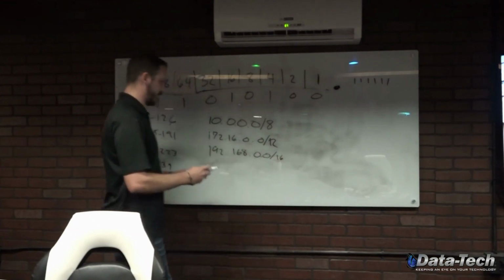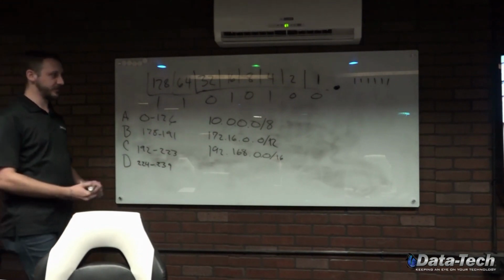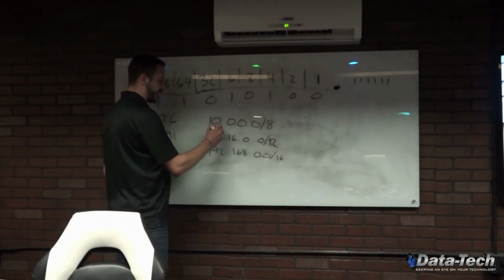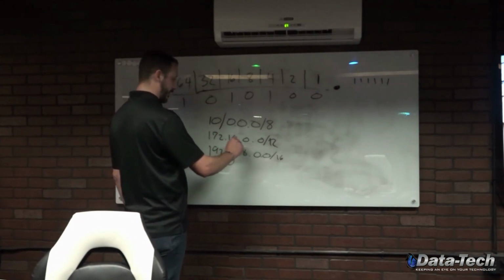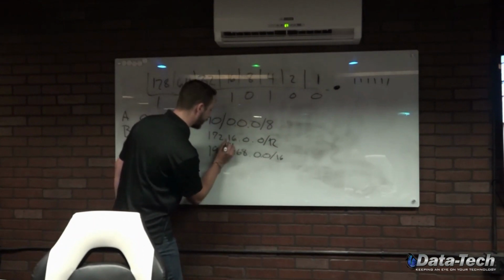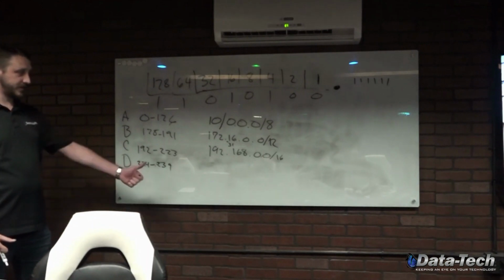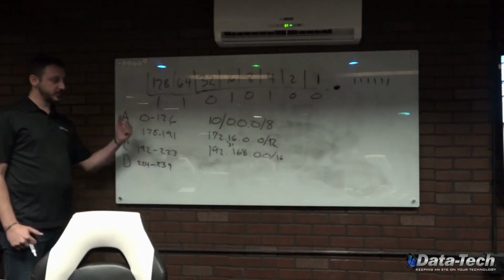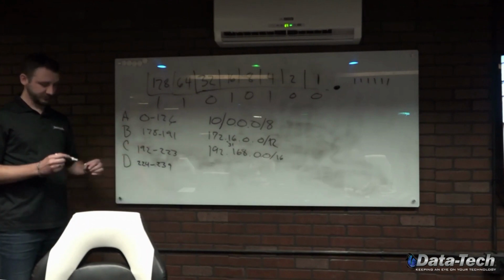For /8, that means you can use anything in 10. Here you can use 16 to technically 31. So you can use 172.17, you can use 172.30, all the way to 31 in that one.